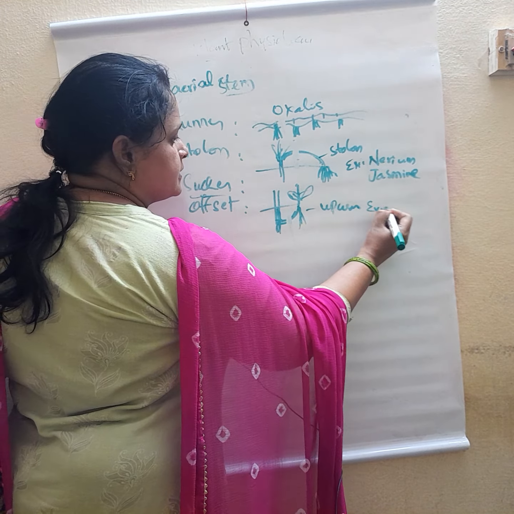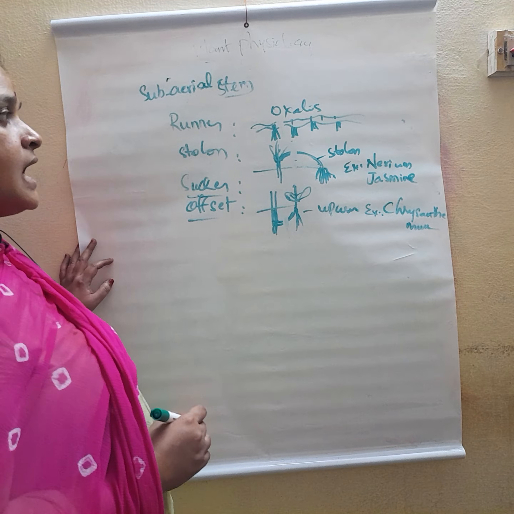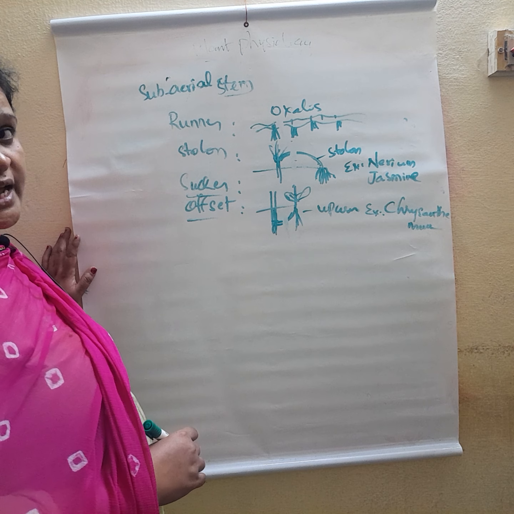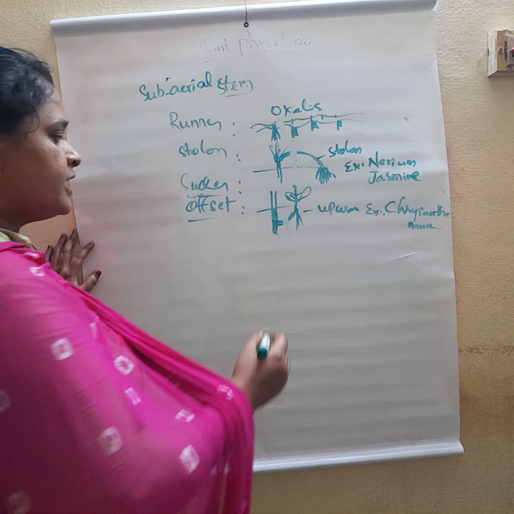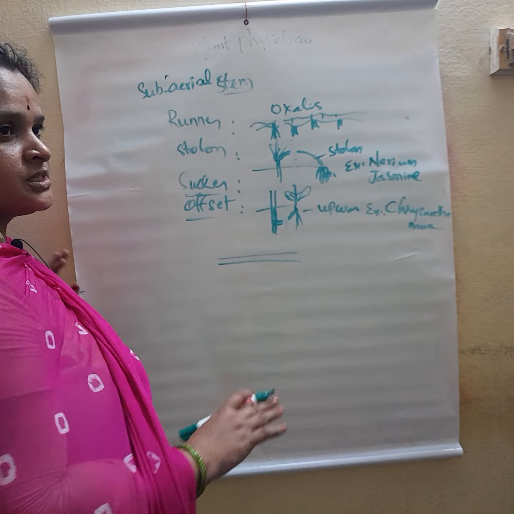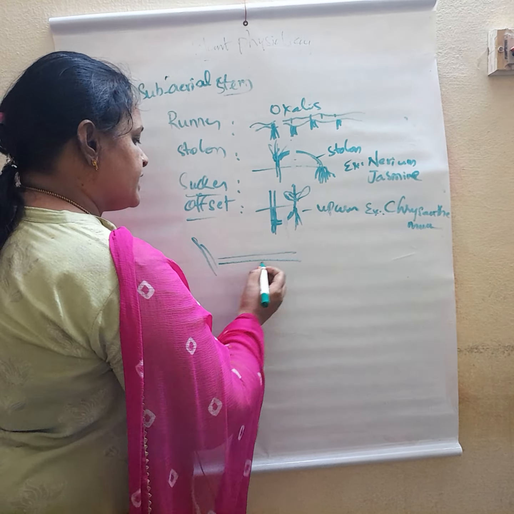Example is chrysanthemum, chamanti. Coming to the offset, it is usually seen in aquatic plants like Pistia and Eichhornia. Here it spreads as one-internode-long branches. Each branch is called an offset.